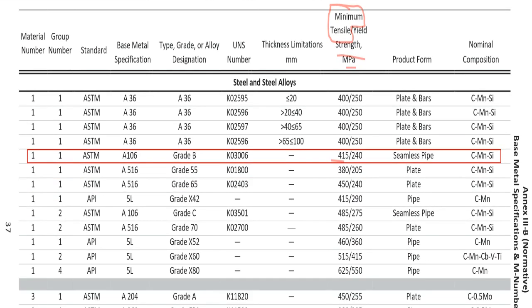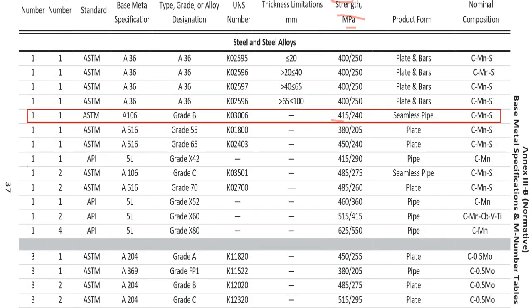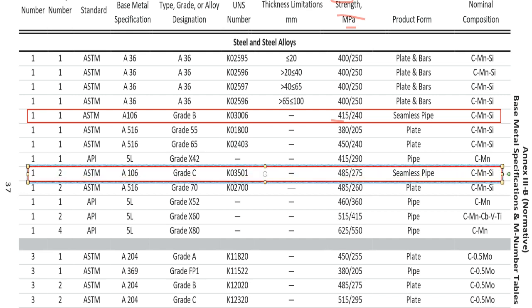The minimum tensile strength for A106 grade B is 415 MPa and for A106 grade C is 485. So the weaker of these two metals is 415 MPa, and you select this one as the acceptance criteria.